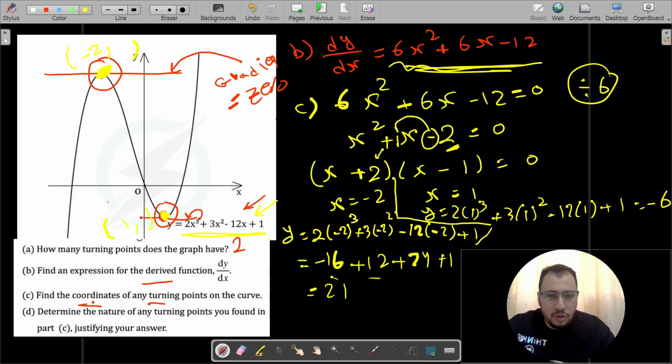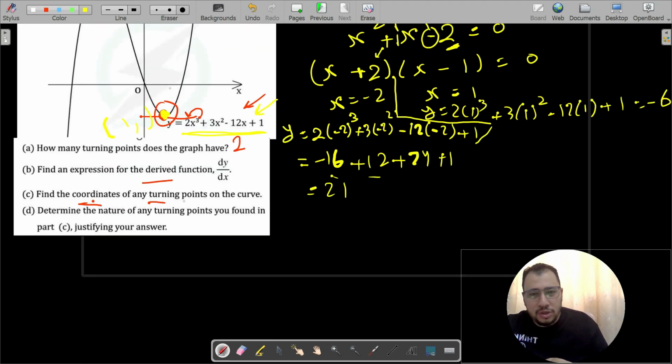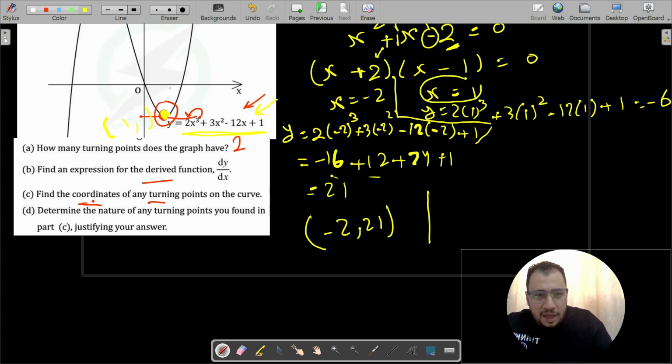Now you have to know that the two turning points we are talking about are negative 2 and 21, and the other point is 1 and negative 6. These are the two turning points.